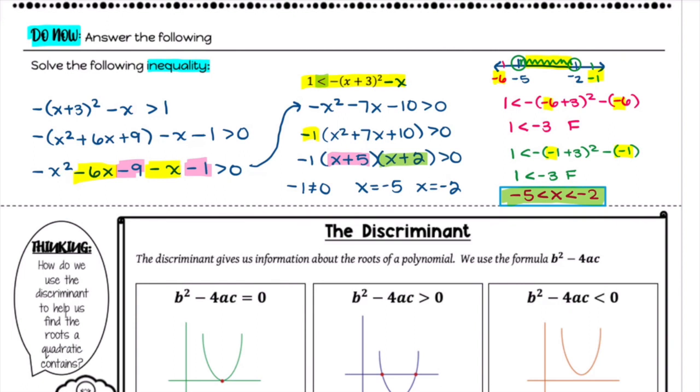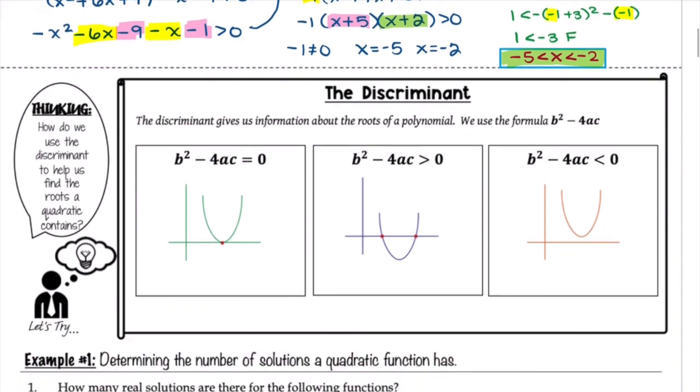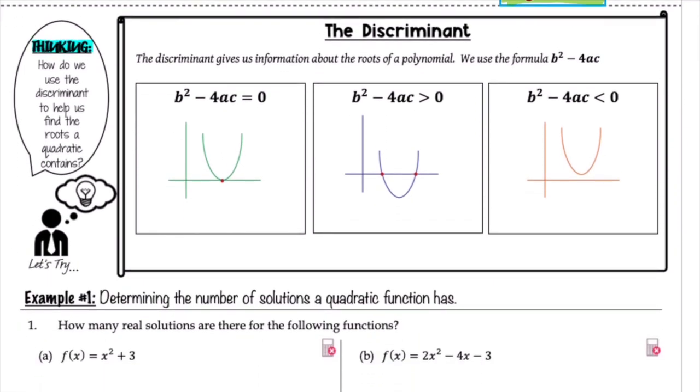So let's take a look at today's thinking. How do we use the discriminant to help us find the roots a quadratic contains? The discriminant gives us information about the roots of a polynomial. We used the formula b squared minus 4ac.